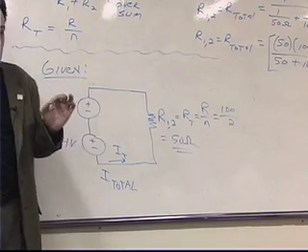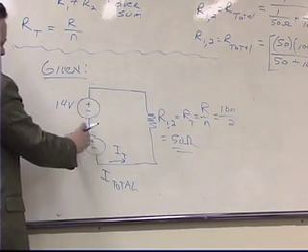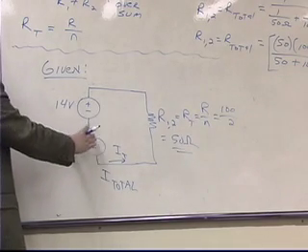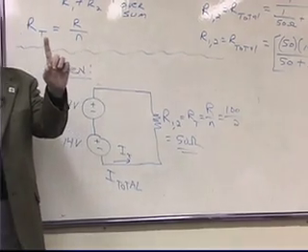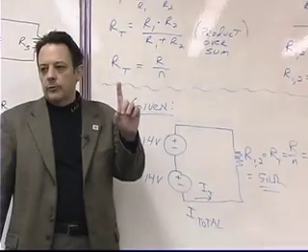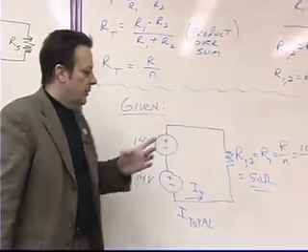Okay? Now, with the way that I've drawn it here, I could redraw this voltage source so that it was one voltage source with a magnitude of how many volts? 28 volts, okay?